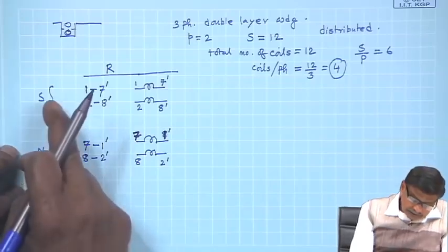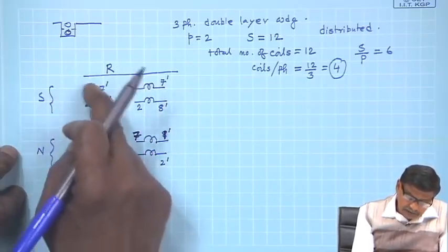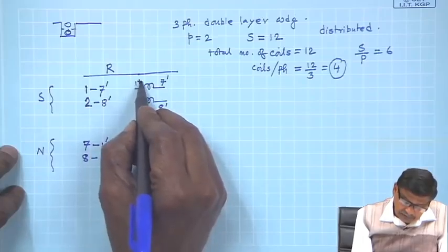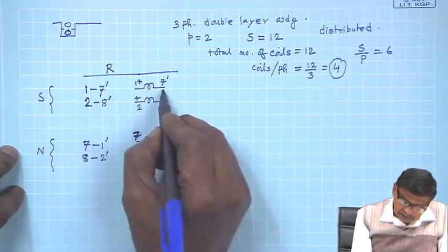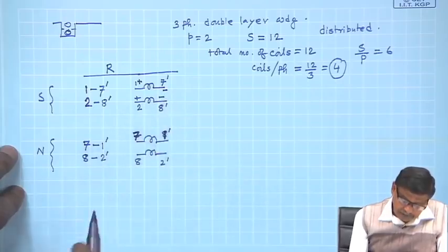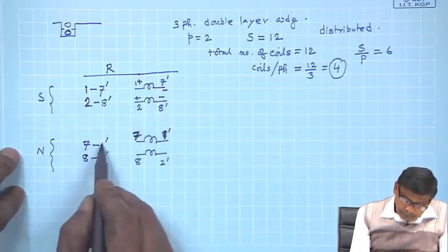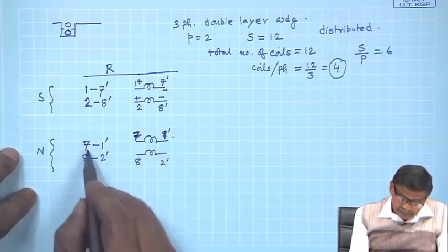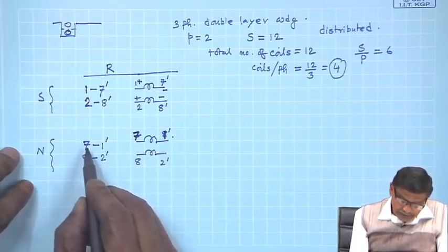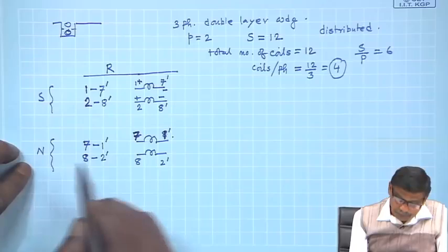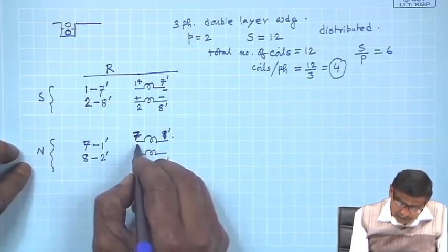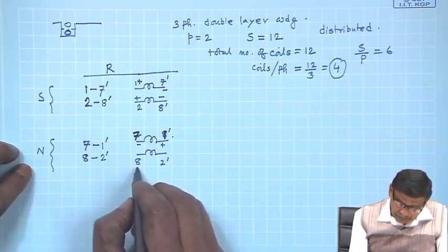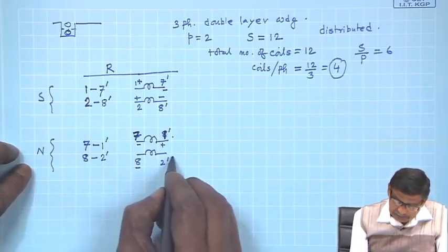Now, suppose under south pole the polarities of the starting terminals are plus, this is plus, this is minus, this is minus. Therefore, this coil 7 1 dashed, the polarity of 7, because it is under north pole, must be opposite, minus plus, and similarly this one will be also minus plus.